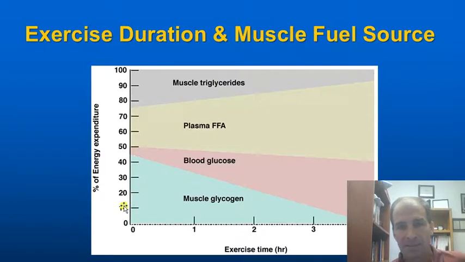So lastly here, I just want to look at this graph looking at exercise duration and what sources we're using. And as you can see, as we're depleting this muscle glycogen, and now this is over time, there are other stores: free fatty acids, triglycerides, fats, lipids here, blood glucose if it's available. There's a big key to that. If it's not, this really is non-existent.